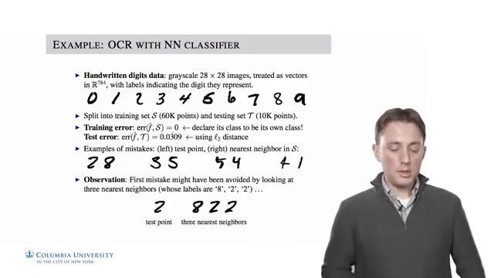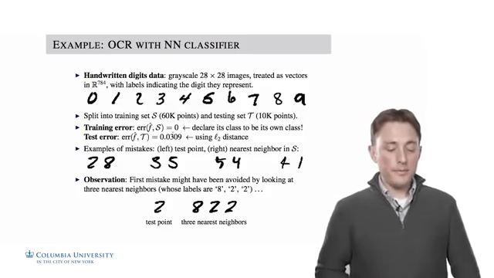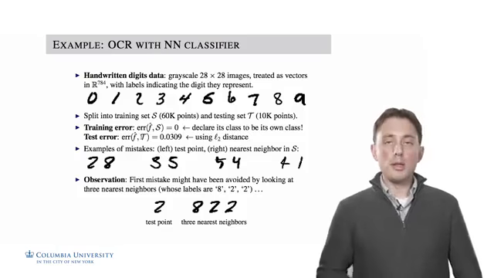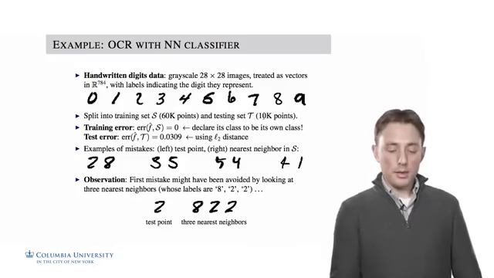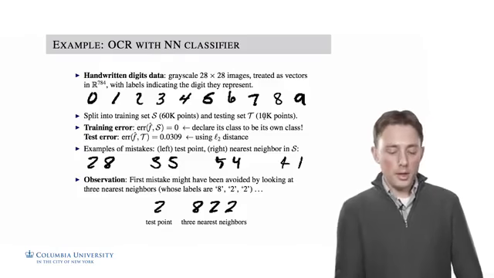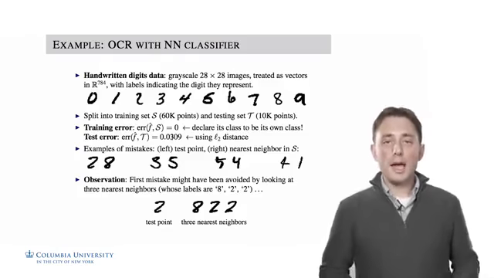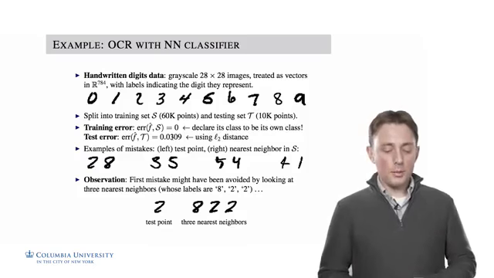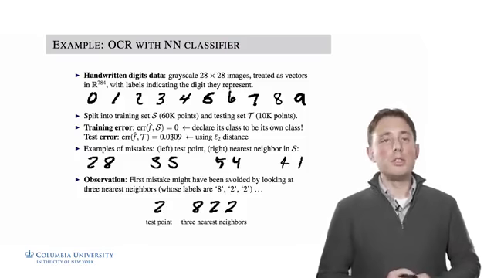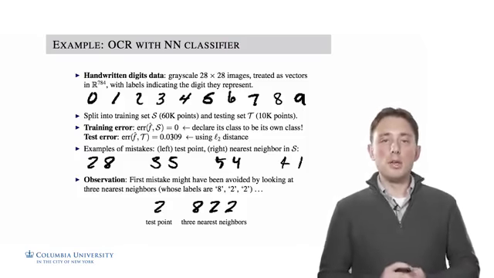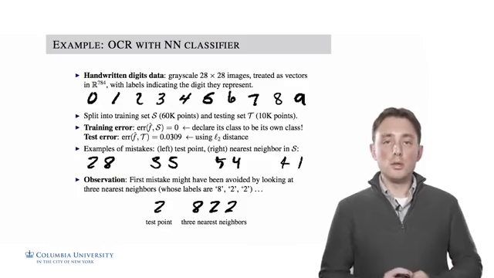So using the L2 distance and the nearest neighbor classifier, we see that the error rate, the fraction of these 10,000 test points that we got wrong by simply assigning the label to be the label of the closest labeled point, is 0.03. 97% of the time, we get it right by just pairing an unlabeled handwritten digit with the closest labeled handwritten digit, and then assigning the label of the unknown digit to be the label of the closest digit.